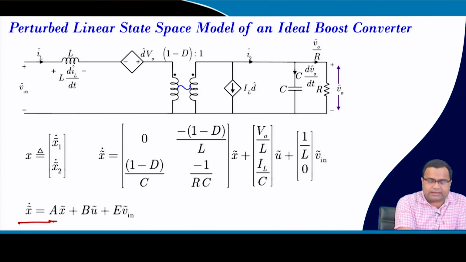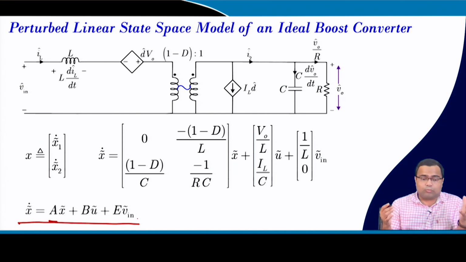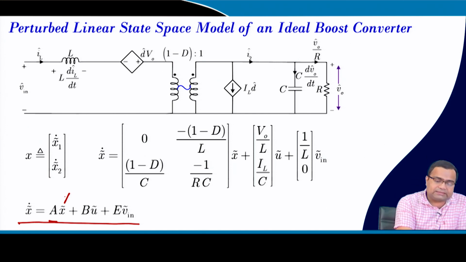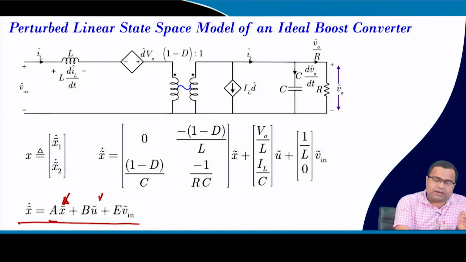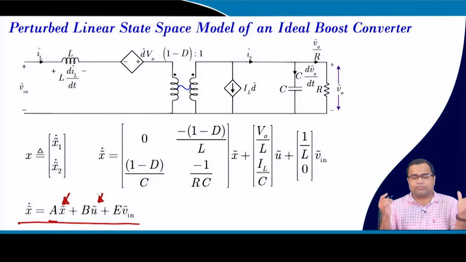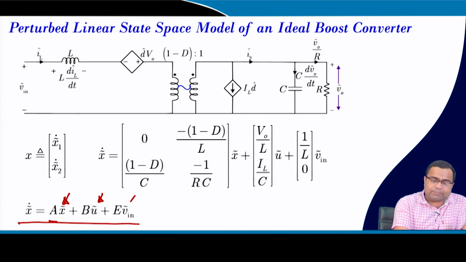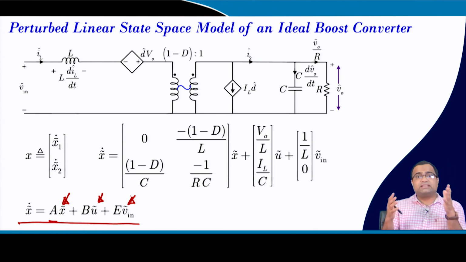So, this is a standard representation of a state space model, where x is the state vector, where we have taken here the inductor current and the output voltage x1 and x2, and u tilde we have taken as the duty ratio, which is a control input, and here we have a supply disturbance, which is a disturbance input, that is why it is coming to be the E matrix.